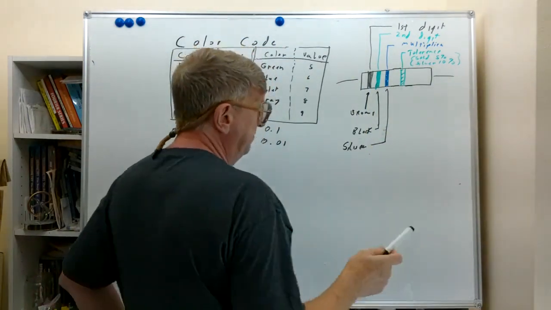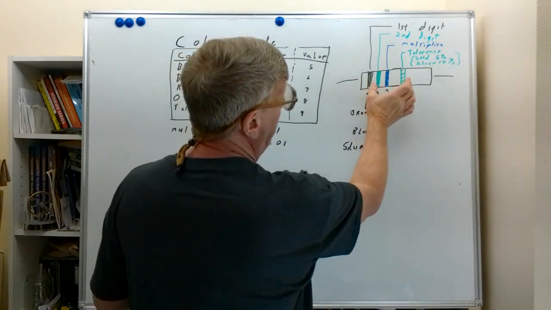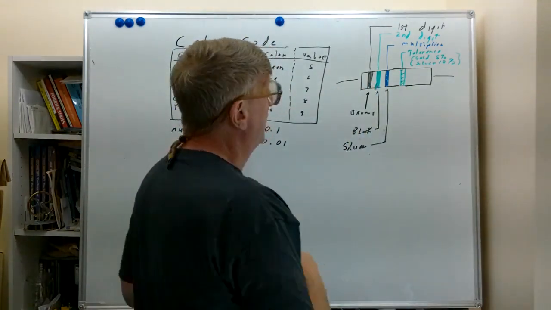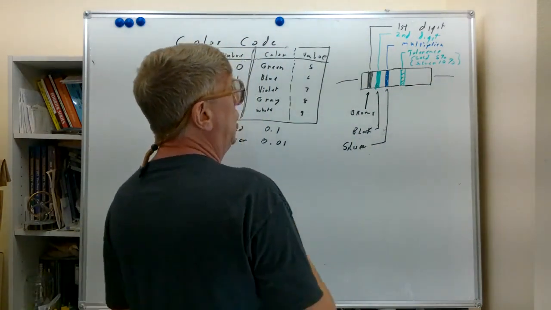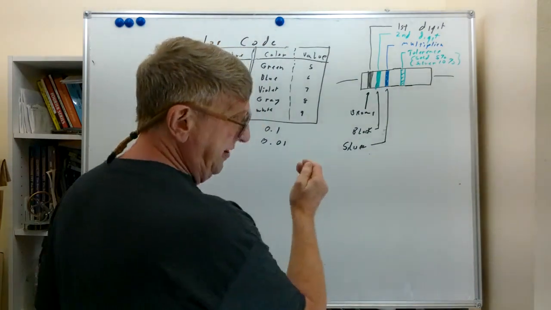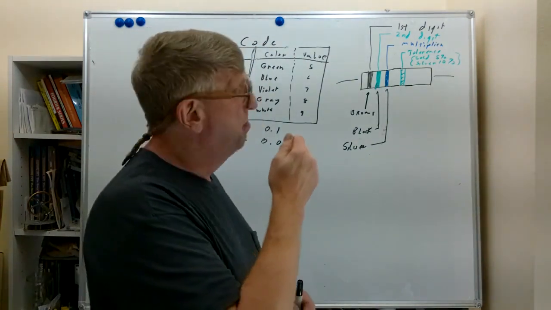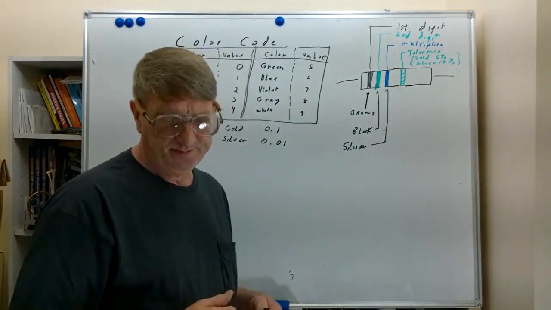You can tell which way to go reading this because the bands will be towards one end of the resistor and the one closest to the end is the first digit. Or you may see a greater gap, which tells you that that is separating the tolerance band from the value bands.